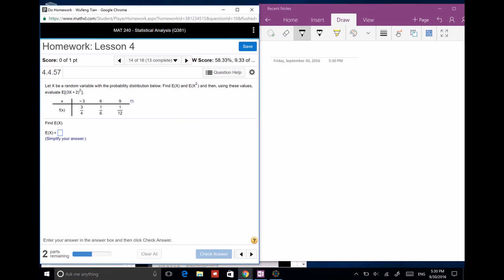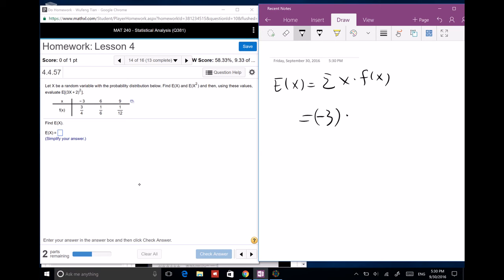Point 14. Okay, find e of x. E of x equals x times f of x. Add everything. So x equals -3, f of -3 is 3/4. Plus x equals 6, the corresponding probability is 1/6, plus 9 times the corresponding probability 1/12.